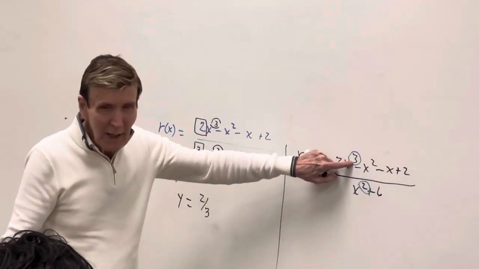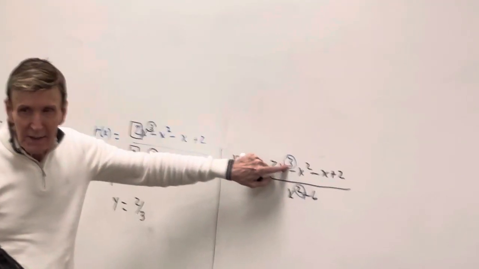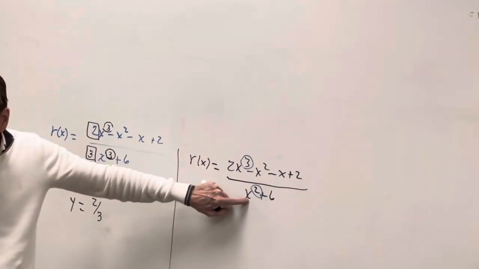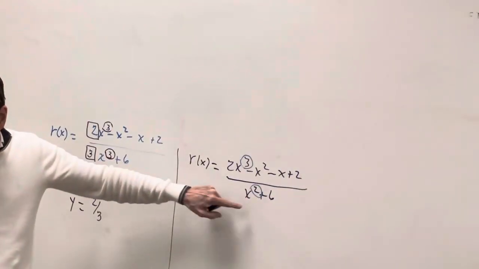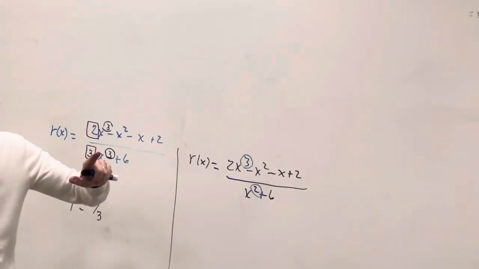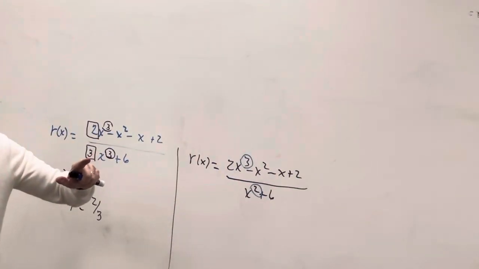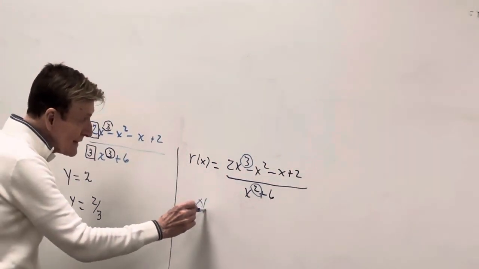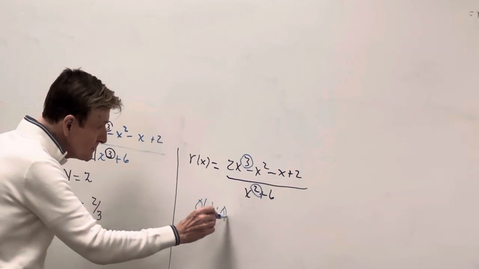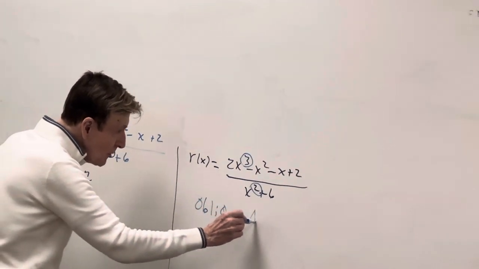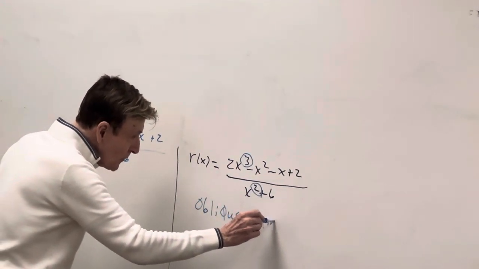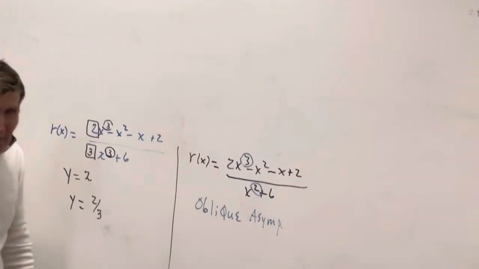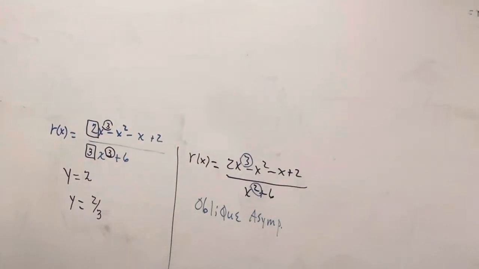Is the degree on top in the numerator exactly 1 larger than the degree on the bottom? Now this is going to be a lesson on Monday. I'm going to end up with another type of asymptote known as an oblique, which I have not discussed yet. If it's exactly 1 larger in the numerator, you're going to end up with an oblique asymptote.